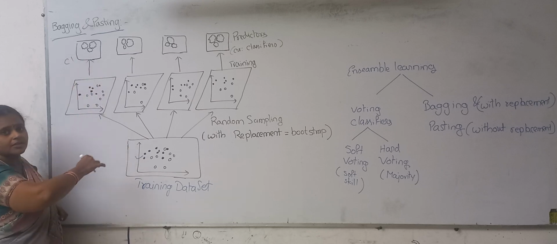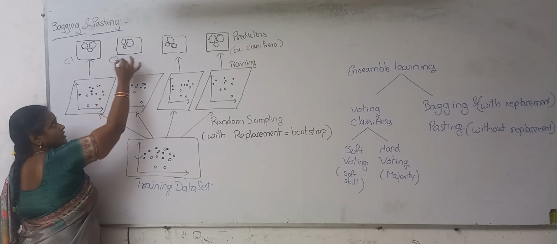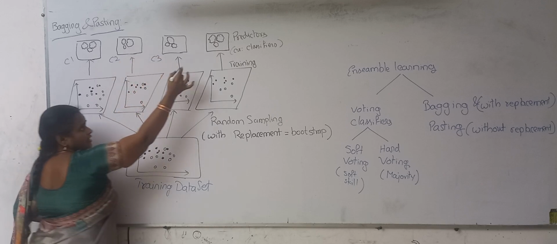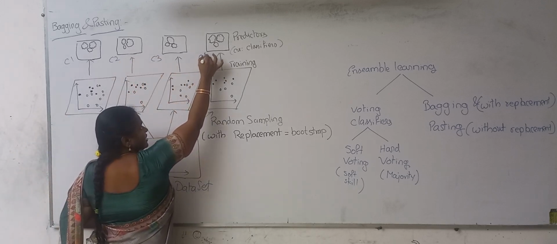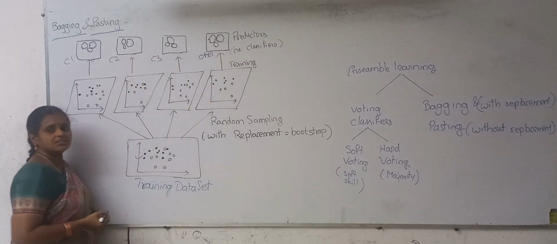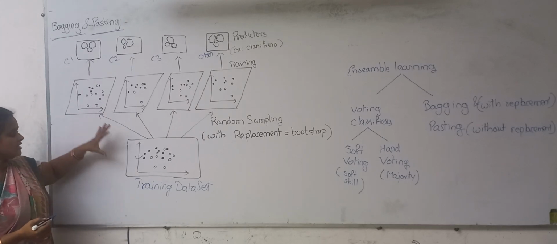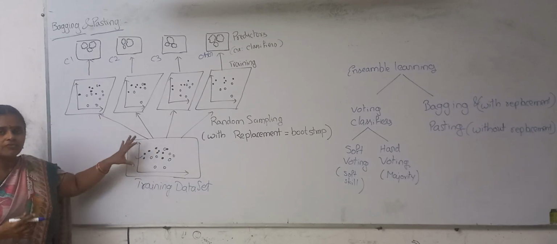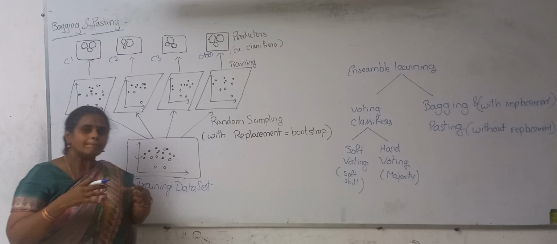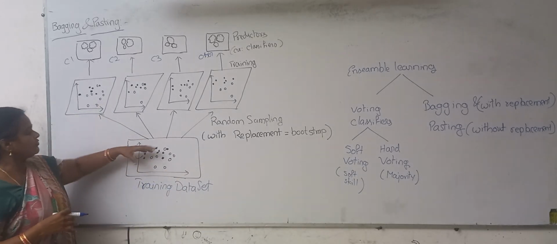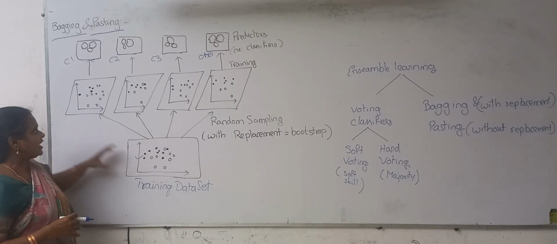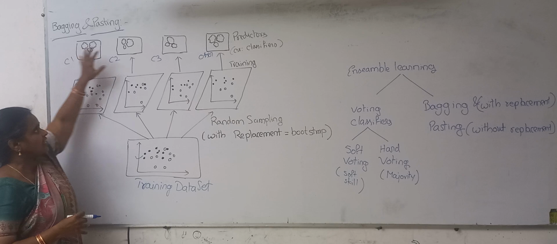This is classifier 1, classifier 2, classifier 3, and this represents any other classification technique. So from this entire data set, we provide random samples as a training set for these classifiers.